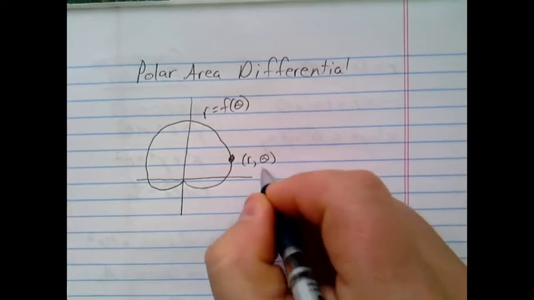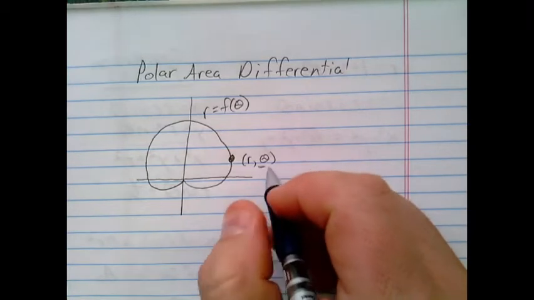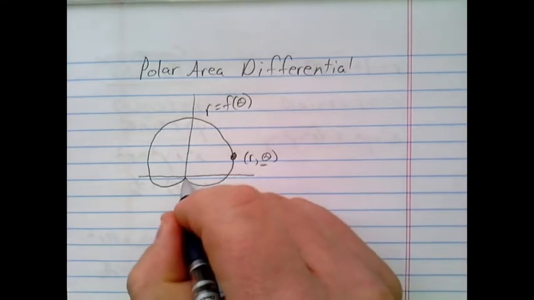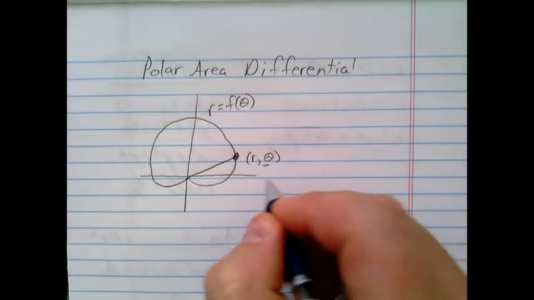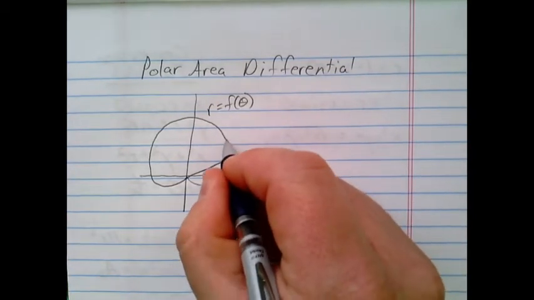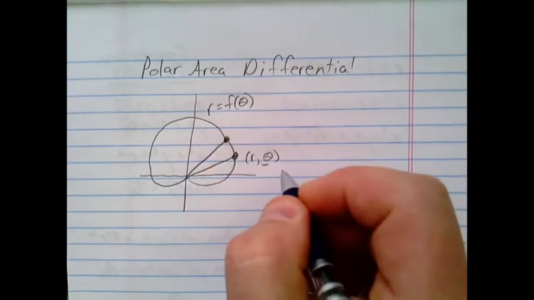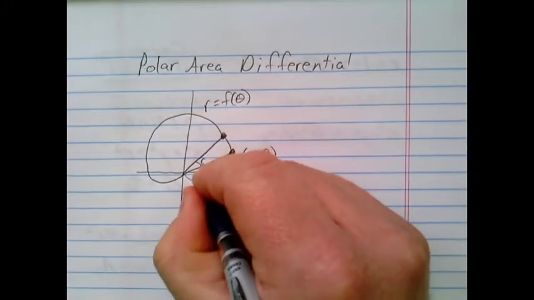Now in this case, if I change my input variable theta a little bit, it's not going to move me horizontally, it's actually going to sweep me radially. So if I imagine a line coming from the origin out to the point r comma theta, if I advance theta just a little bit, that's going to move that radial line through an angle that we can call d theta.